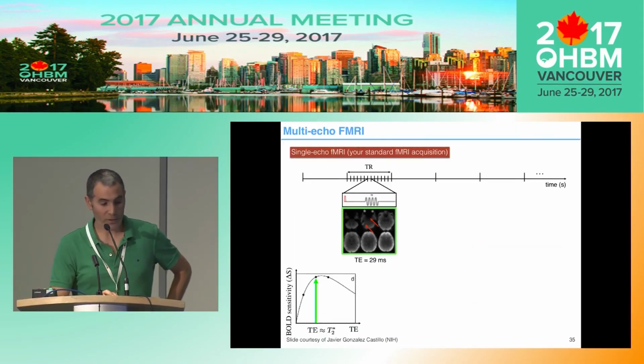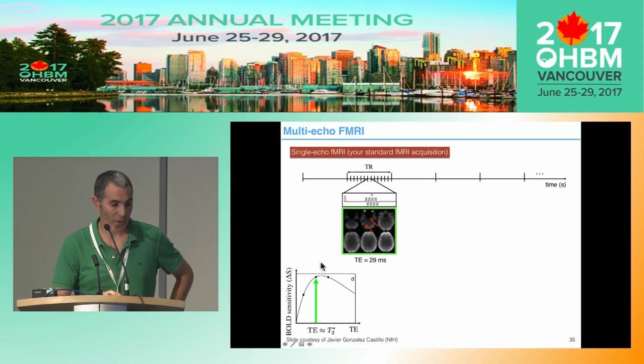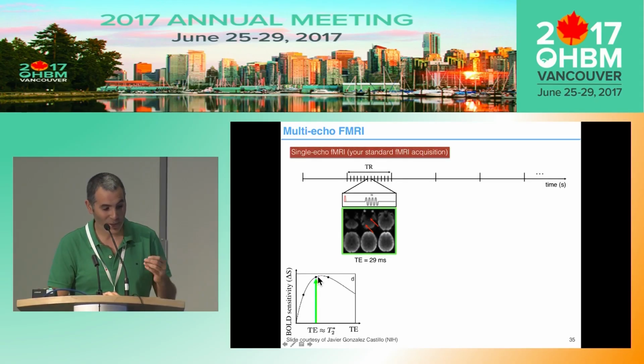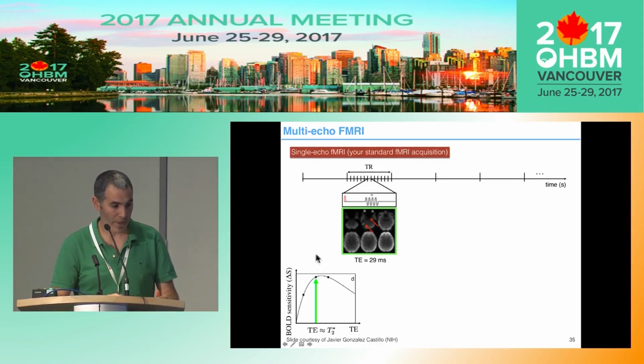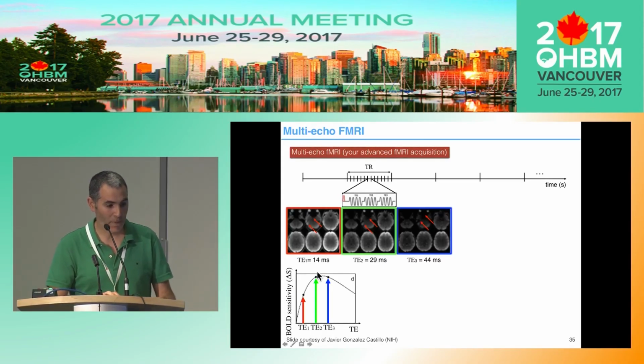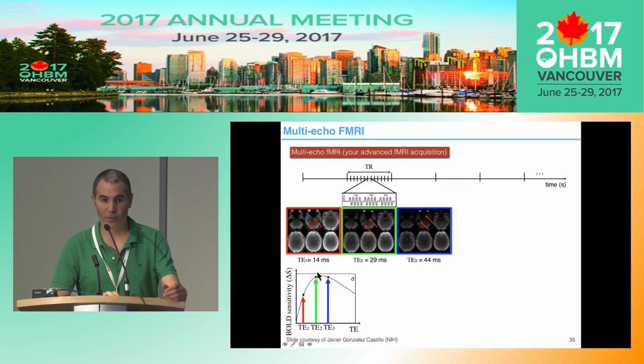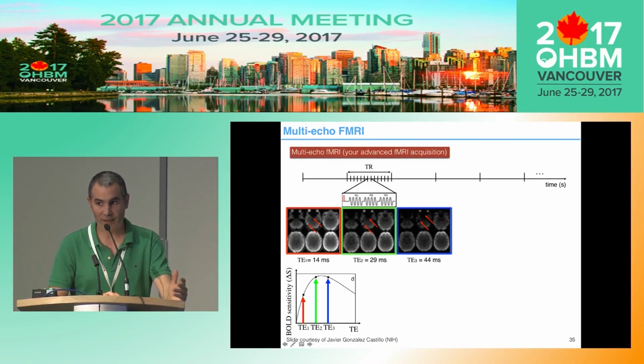Our standard acquisition is based on single echo fMRI, where the signal is only acquired at one echo time that is assumed to be optimal when it's equal to the T2* parameter of our voxel. But what you can actually do is collect more echoes during your acquisition, because the T2* parameter is variable across voxels.